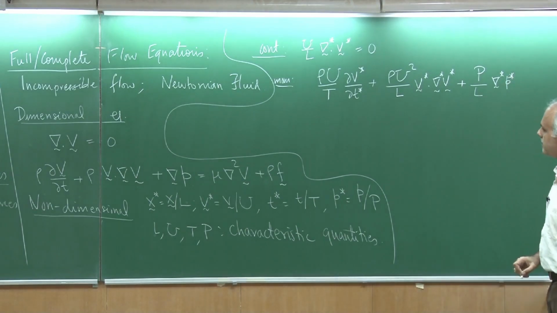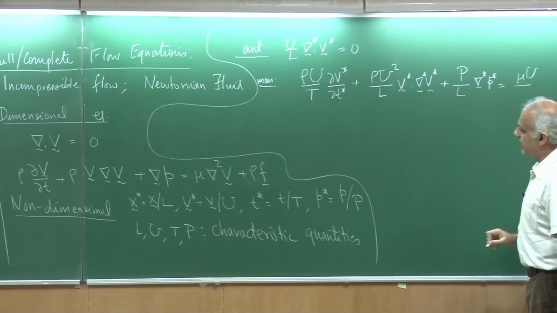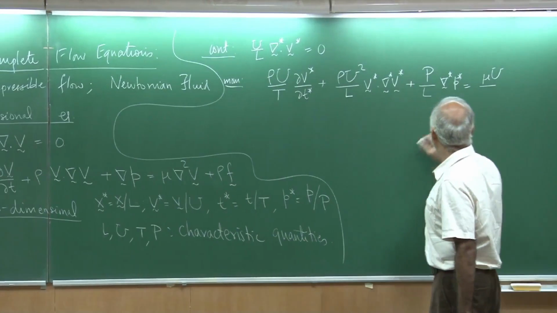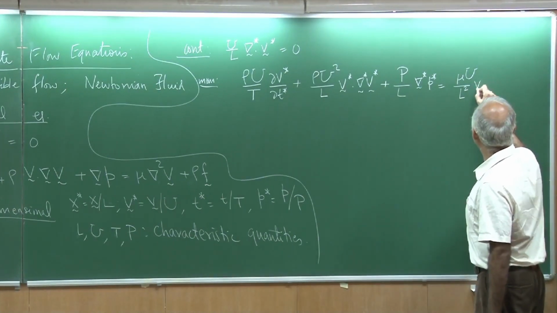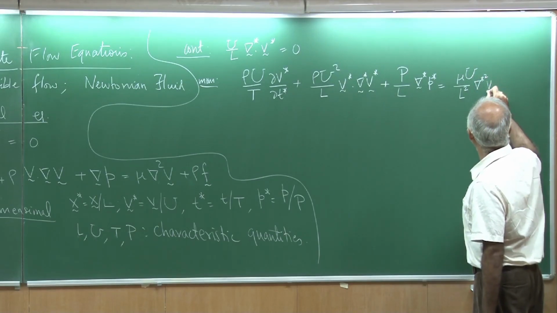Now I come to the right hand side, the viscous term. So this would give me a mu. For the velocity, I get an uppercase U, and then in the denominator, from the Laplacian operator, I would get an L square, and this term would be Laplacian of V star.